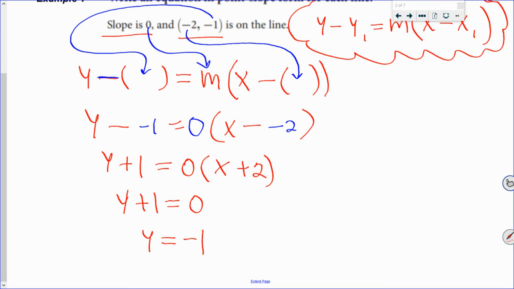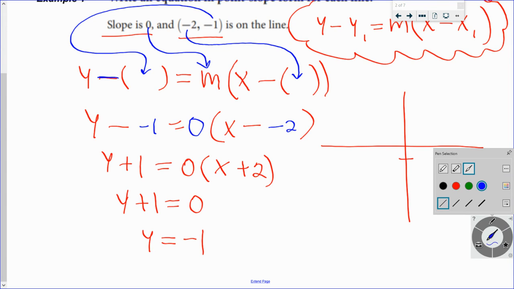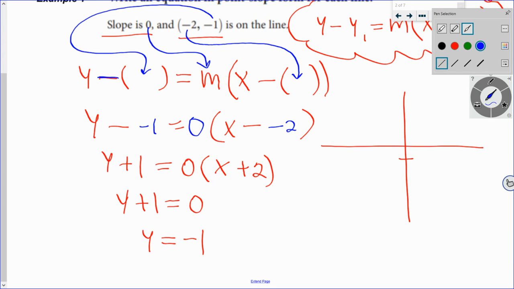And if you think about it, that makes sense, because if I write down y equals -1, if every y value is -1, that's going to graph to give me a line with no slope. And that no slope is going to be down here at -1. It's going to look like that.